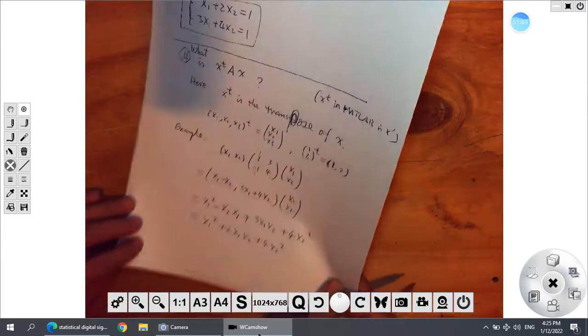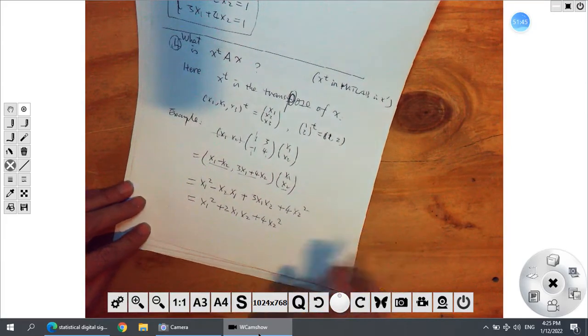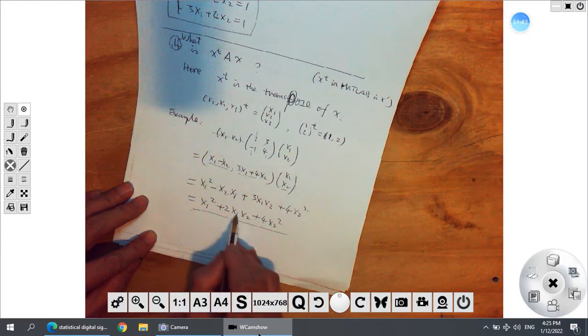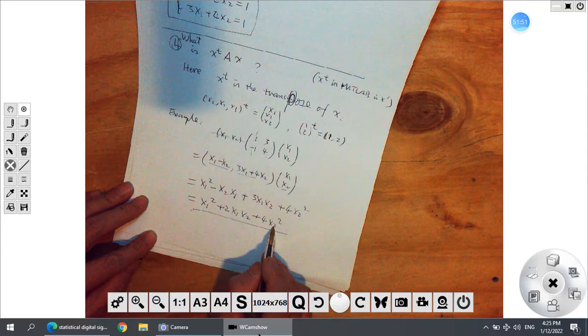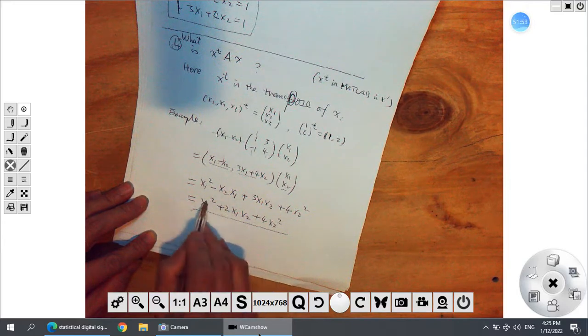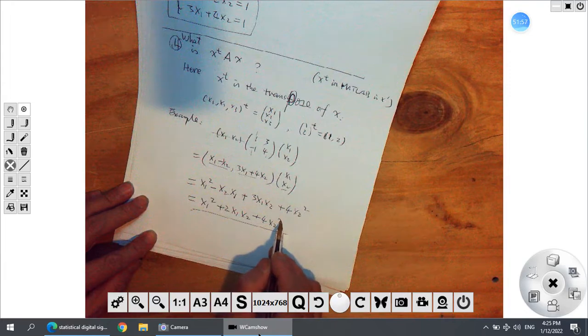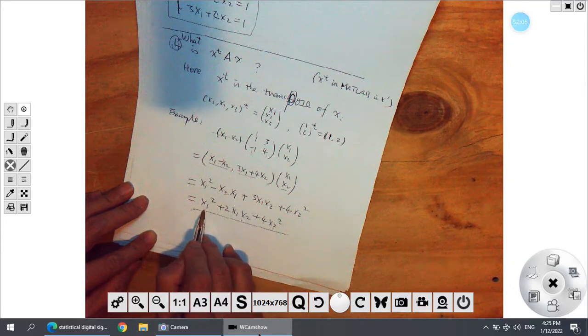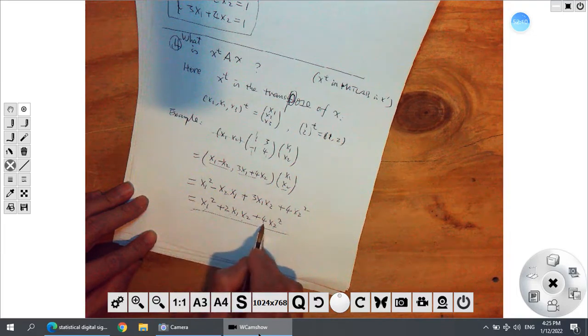So what is the result? The result is a summation with those variables x1, x2. Each term is second order, right? x1 squared, x2 squared, or x1 times x2. It is still second order. So all the terms are second order terms, with coefficients: here's 1, here's 2, here's 3, here's 4.